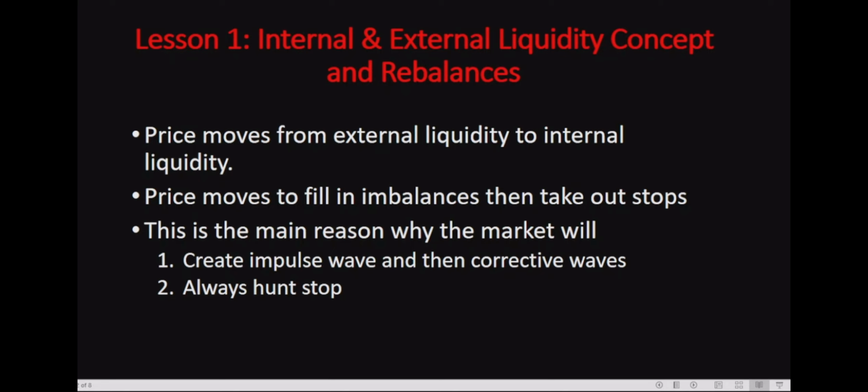Now, what I mean by impulse is whenever you have a market structure break, let's say a bearish break in market structure, that is an impulse wave. Then you'll be looking to take a sell on the retracement, right? And that is the corrective wave.